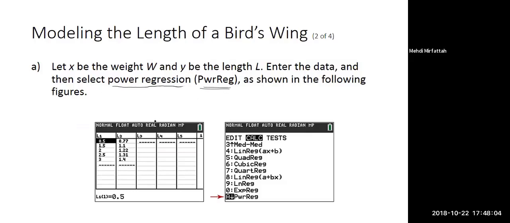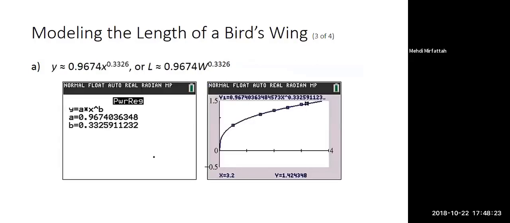This is for the TI calculator. You should look for this, and you click on the calculation mode, CALC, and then look for this function here, power regression, as shown down there. Once you do that, voila, you can see the coefficient A and the exponent B given to you in one shot. So now I have my equation right there.